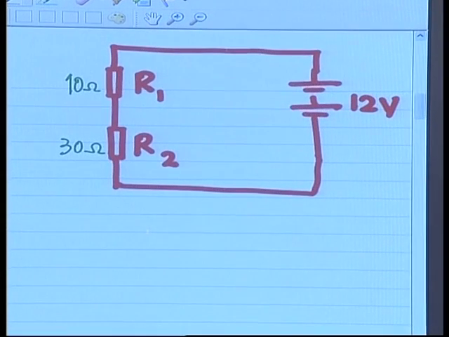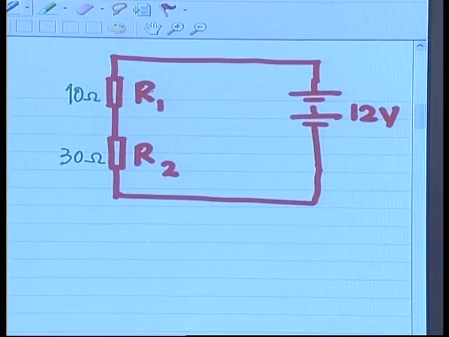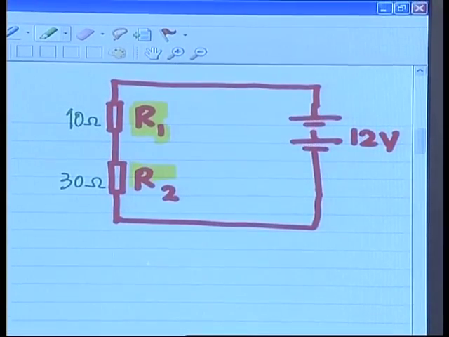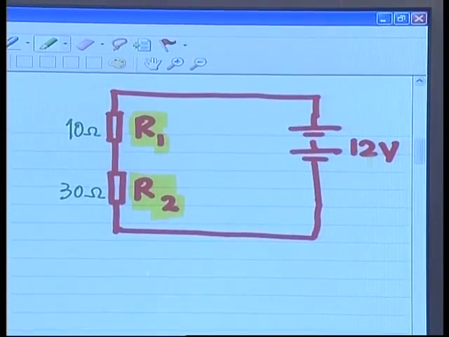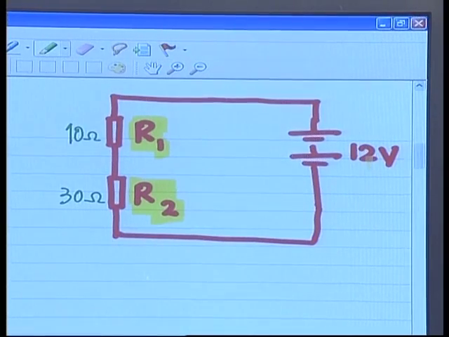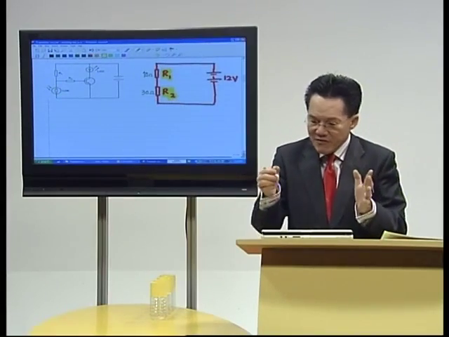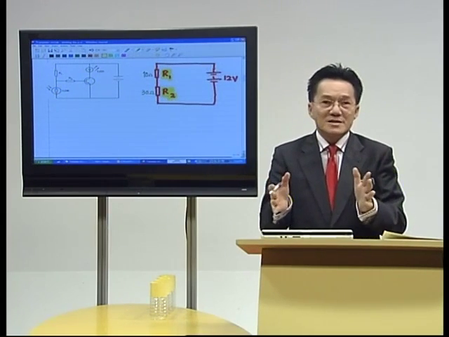Again, what we call dividing the potential difference is this. Resistor R1 and resistor R2 are dividing the potential difference of 12 volts. In other words, they are sharing the 12 volts.